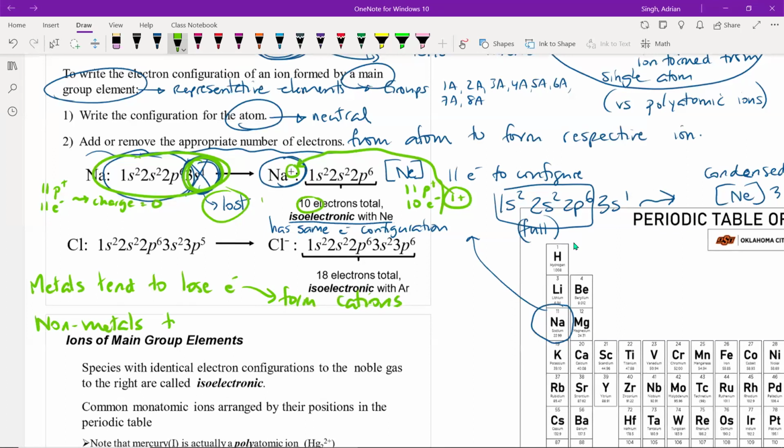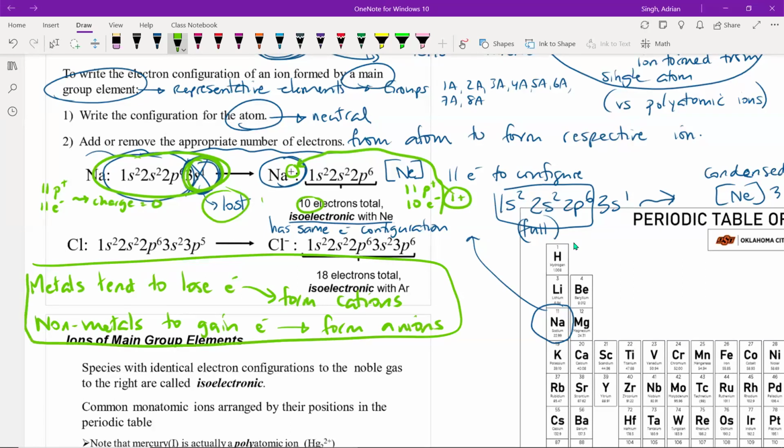When they do form ions, they will gain electrons. And as a result, they form negatively charged anions. Okay, these are two simple, straightforward generalizations, but it's really important that you get that down, because we're going to use that a lot in the subsequent sections.